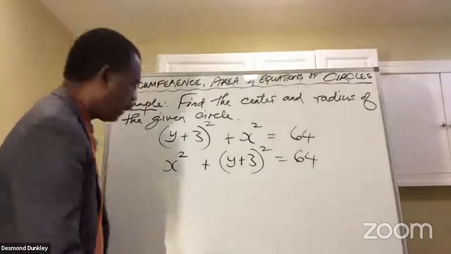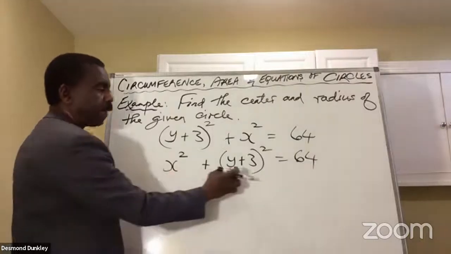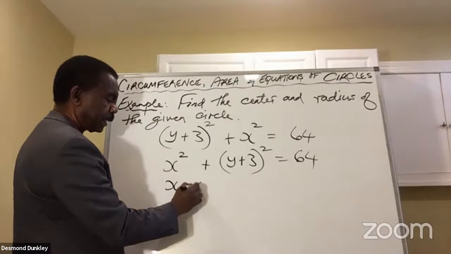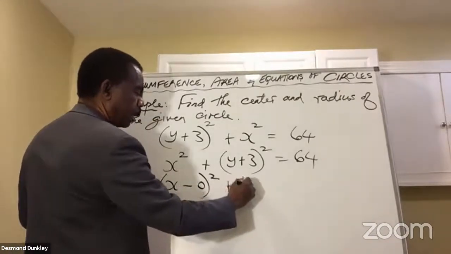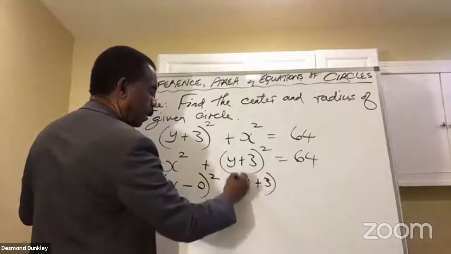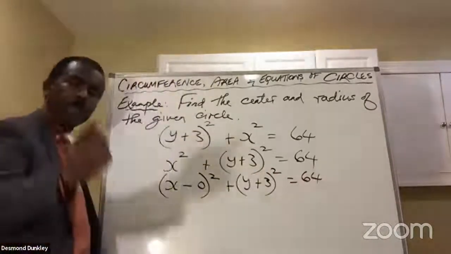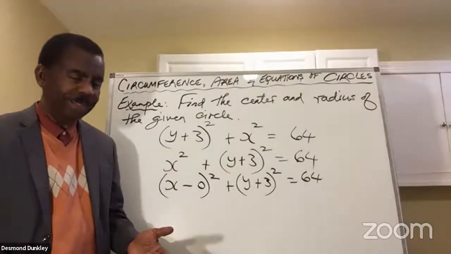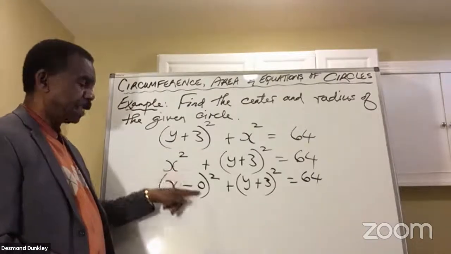So let me see what I would do to the x so that it's of this format. Then if I do x minus 0 squared, do you agree that x minus 0 is the same as x? So truthfully, this is just x squared. I didn't have to write the 0.